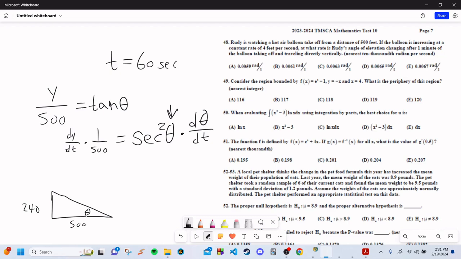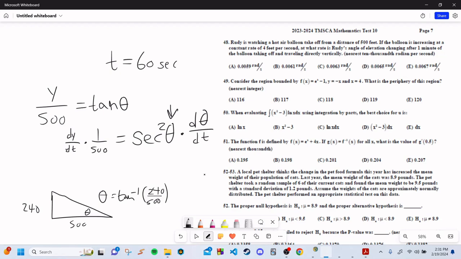So if this is theta, then we can get what secant of theta is. We're going to do the inverse tangent. So theta is going to be the inverse tangent of 240 over 500. Make sure you're in radians.